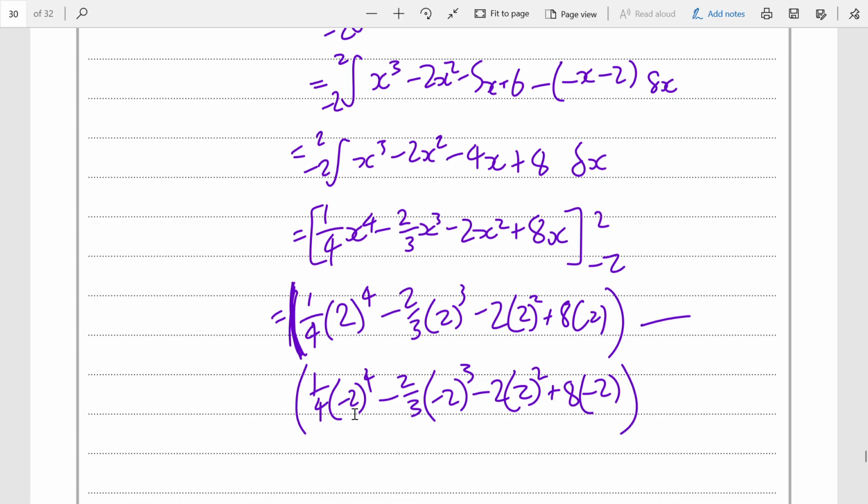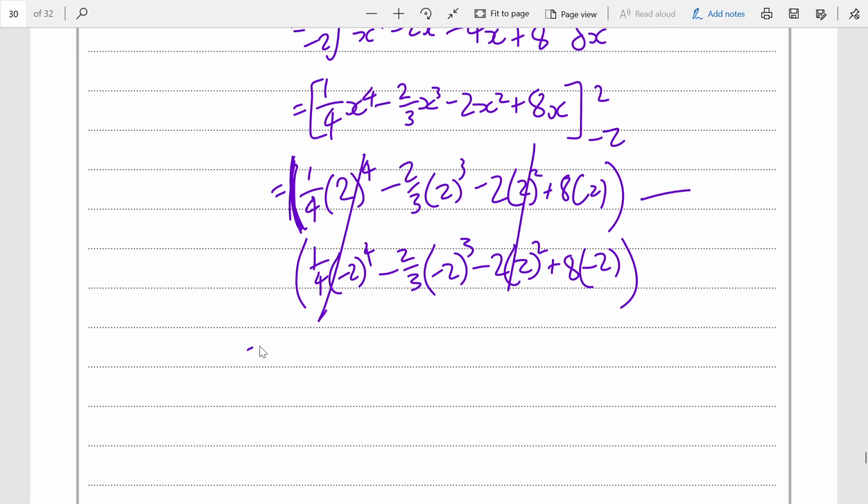Alright, so minus 2 to the power of 4 and 2 to the power of 4 are equal because 4 is an even power. So that means these two terms cancel out, and the same for this even power, the squared, which means these two terms cancel out. So it'll be equal to minus 2 over 3 times 8 minus 2 over 3 times 8. So minus 16 over 3 minus 16 over 3, which would be these two terms.